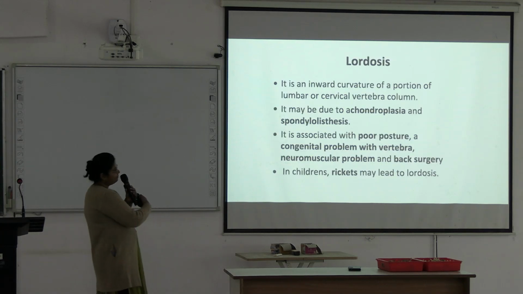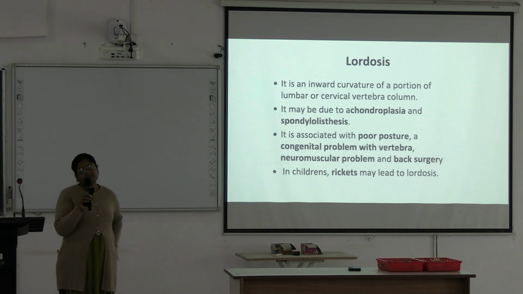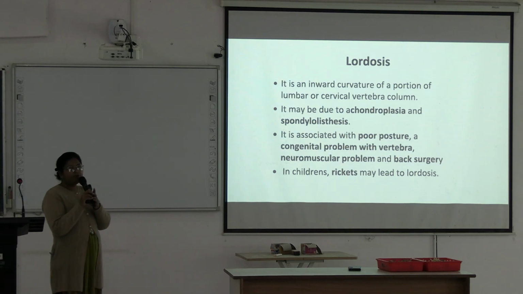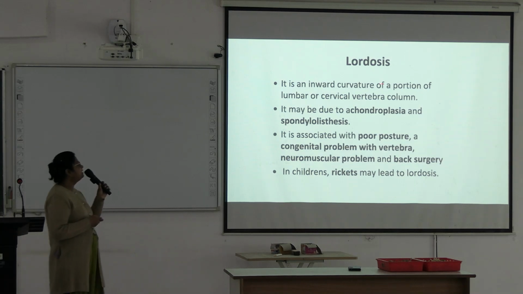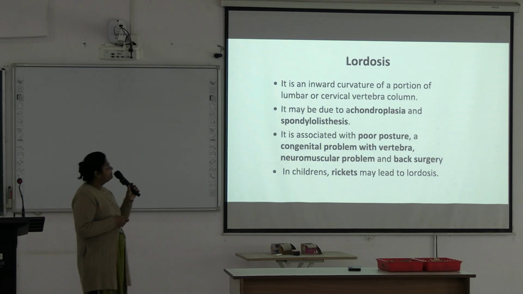Next, we have discussed kyphosis and its three varieties. Kyphosis is backward bending of the spine. Scoliosis was sideward bending of the spine. Next we go to lordosis. Lordosis is an inward curvature of a portion of the lumbar and cervical vertebral column.